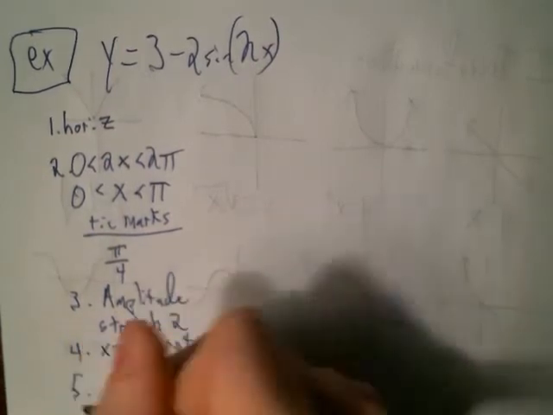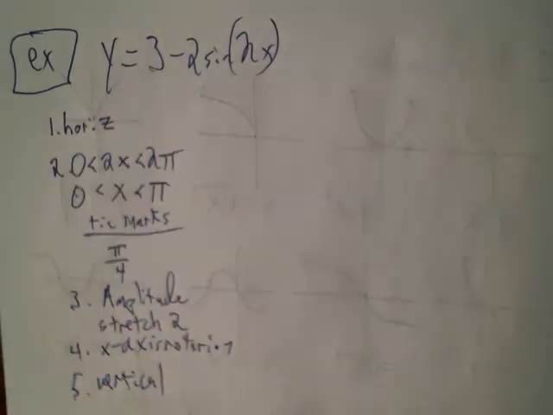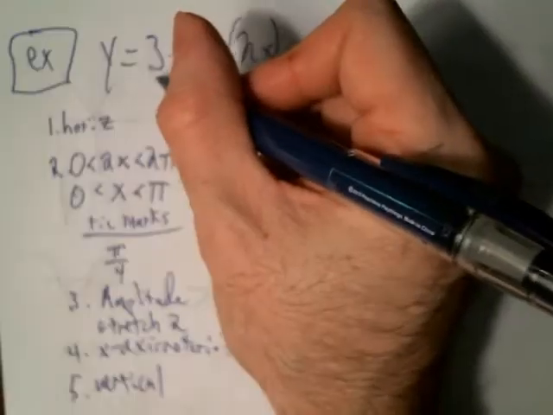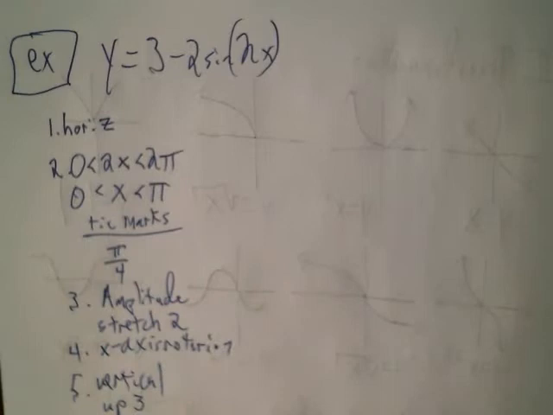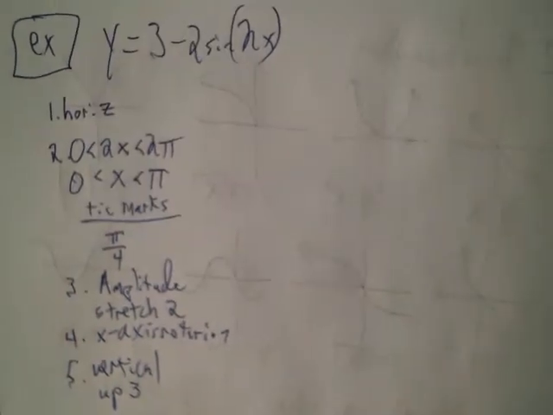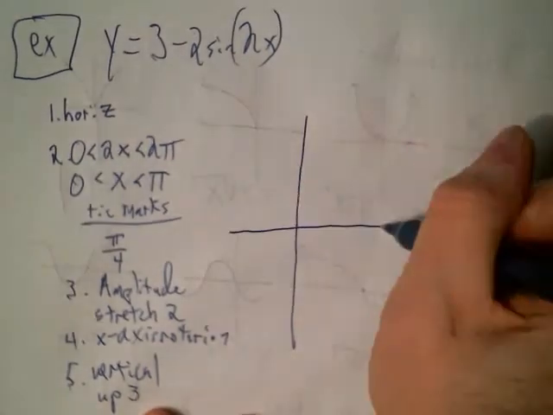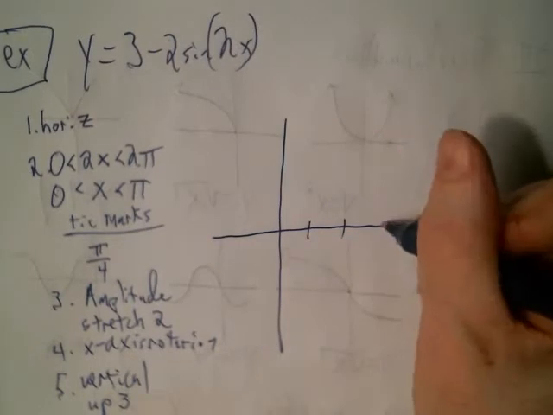Finally, then, we're going to have to do the vertical, and it'll go up by 3. Sorry, I had a brain fart there. Up 3. Okay, so let's go at it and see what we're dealing with. So tick marks belong by pi over 4s.